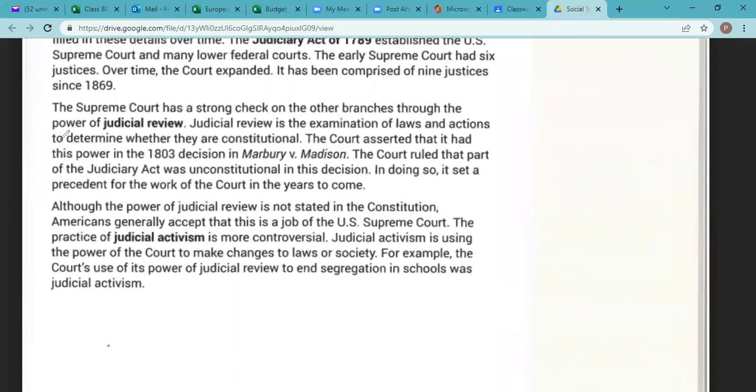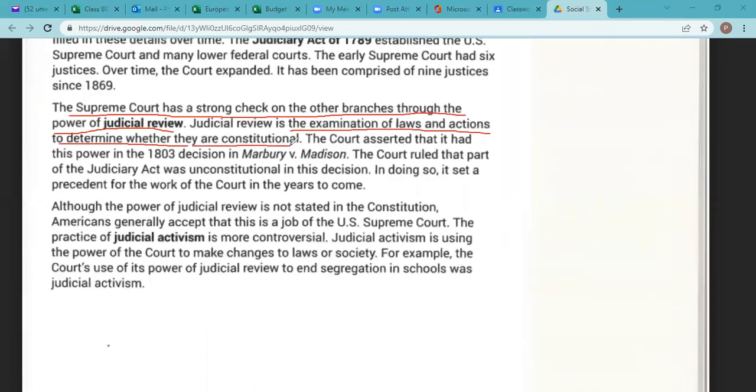And it says here in the next paragraph, now the Supreme Court has a strong check on the other branches. And that is called the power of judicial review. And what that means is it's the examination of laws and actions to determine whether they are constitutional.